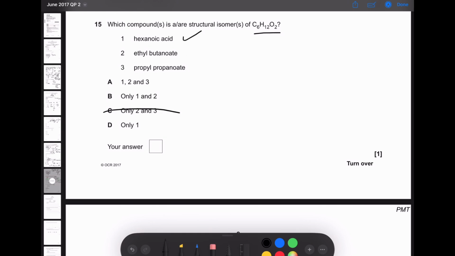Ethyl butanoate is 1, 2, oxygen, 1, 2, 3, 4. So we've got 1, 2, 3, 4, 5, 6. C6H again. You can use the DBE method or you can count them out.